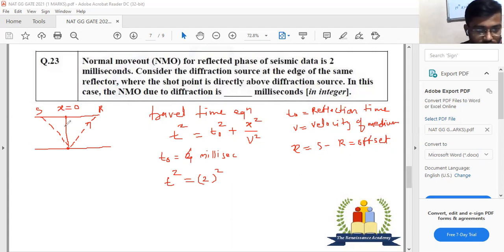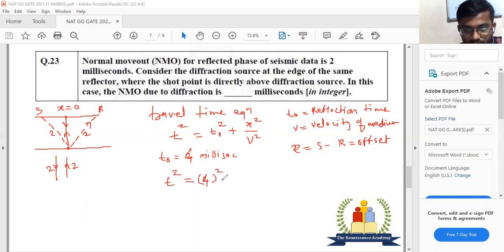Okay, let's say because time to reach the source, first incident and then reflected, to and fro journey 2 milliseconds, then return journey 2 milliseconds, so total 4 milliseconds.